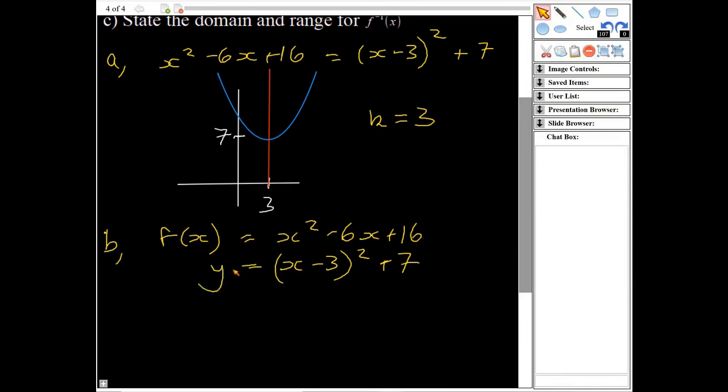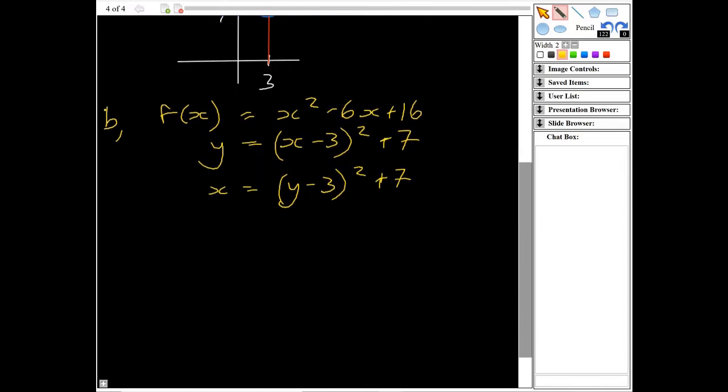Then what I do is I switch the positions of the y and the x. So I would say x is equal to y minus 3 all squared plus 7. Then I rearrange it so it will say y is equal to. So first of all, I would subtract 7. So I'd have x minus 7 equals y minus 3 squared. Then I can take the square root.